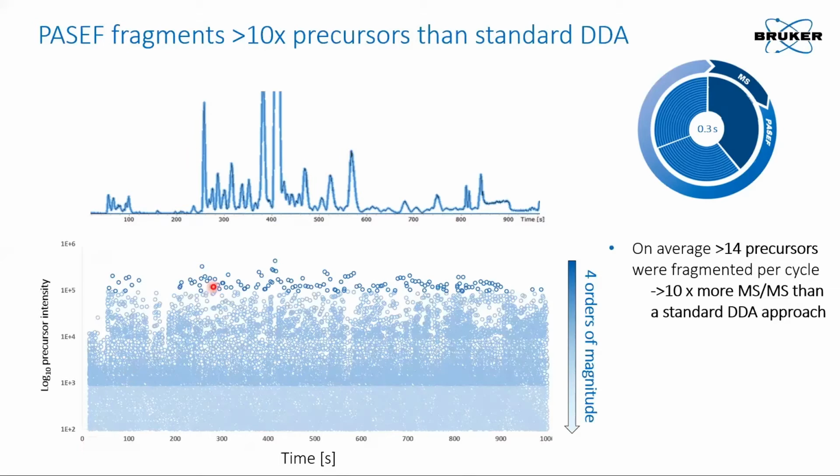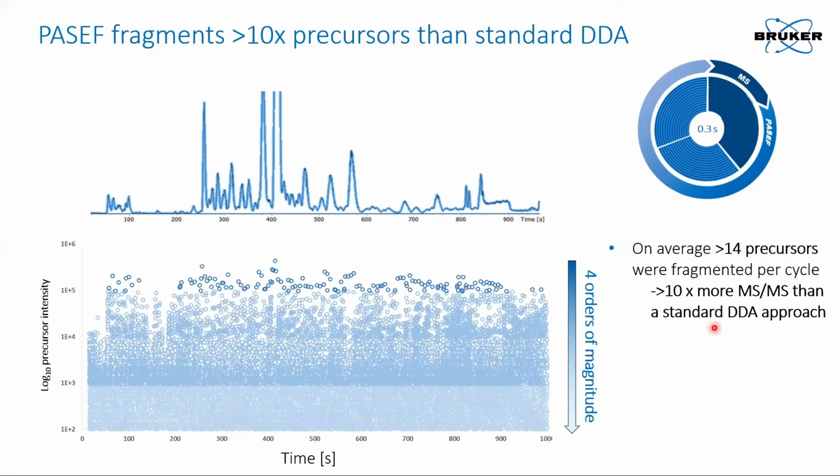So each one of these spheres here, each one of these bubbles shows you where, not just where a feature has been detected, but where it's been fragmented, and we've recorded MS-MS spectra. So not only can you see the large number of MS-MS spectra that are being acquired in a single LC run, but you can also see that this covers a wide dynamic range, so 4 orders of dynamic range.